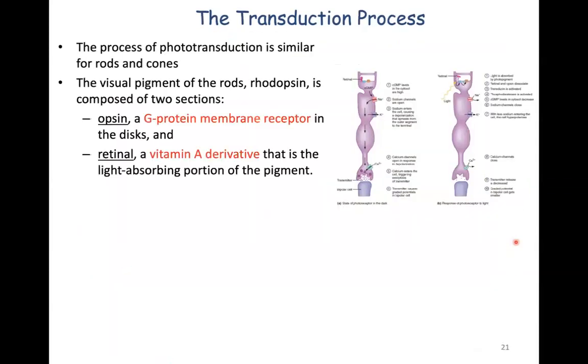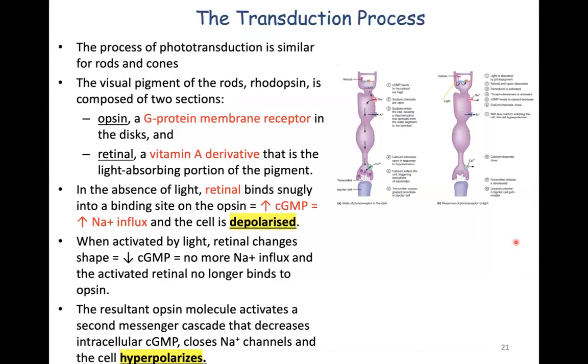Now coming to the transduction process. So the process of phototransduction is similar for rods and cones. The visual pigment plays a very important role, rhodopsin, and it's composed of two sections. So remember how I said it's a G protein membrane receptor? That's the opsin part. And it's also a vitamin A derivative, retinal, and that is the light absorbing portion of the pigment.